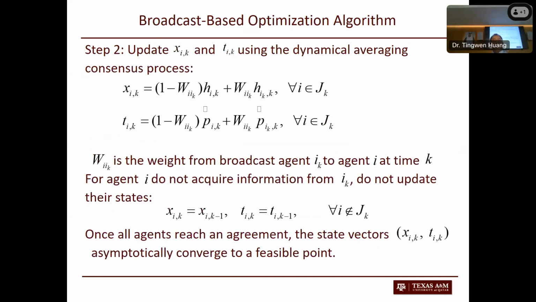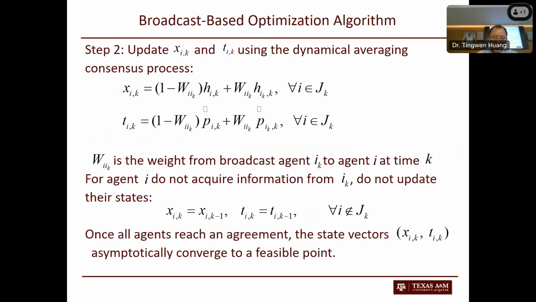Step 2, we want to update xjk and tik using the dynamical averaging consensus process. wik is a weight from broadcast agent ik to agent i at time k.